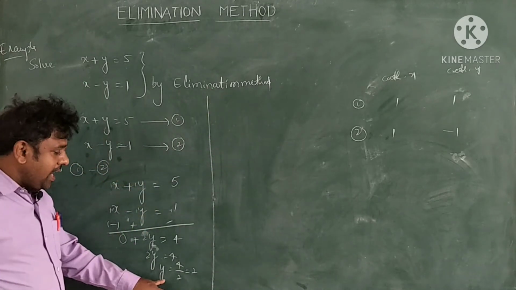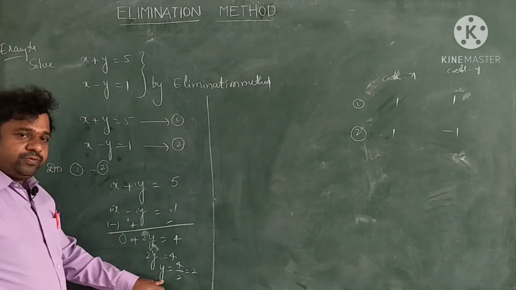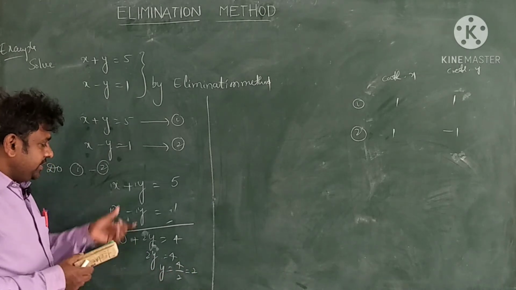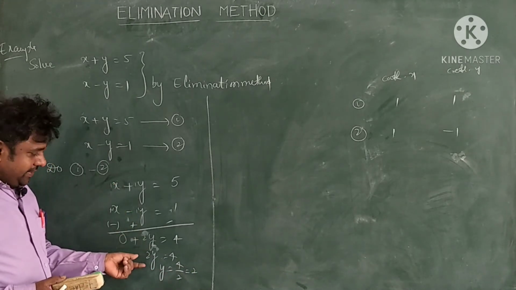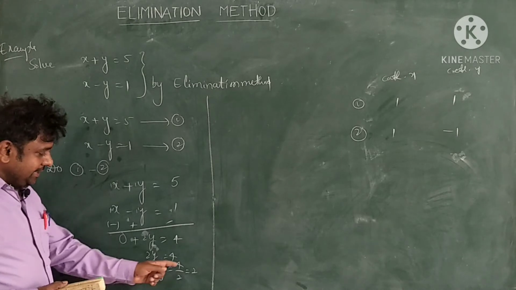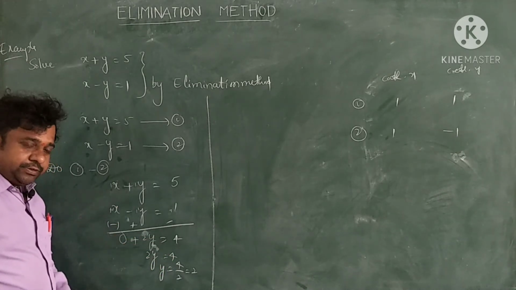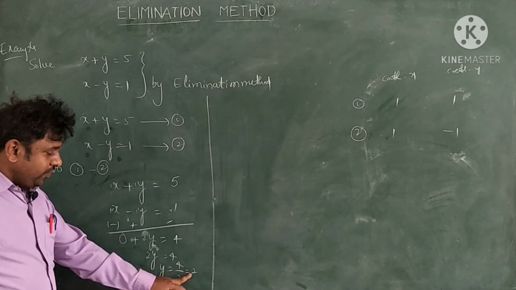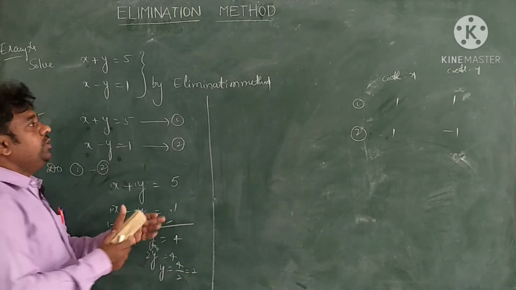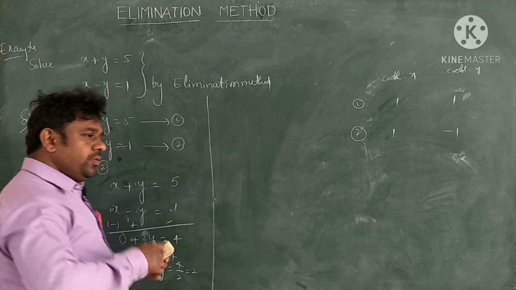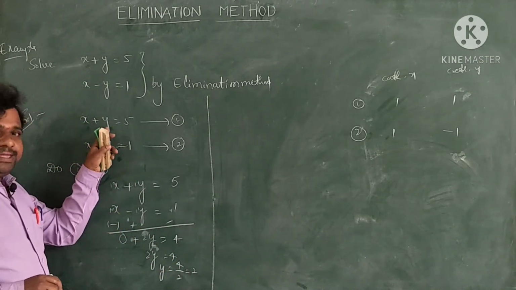Students, we have expressed this as a linear equation in one variable. From this linear equation in one variable, we got the value y is equal to 2. Now we want to find the value of x.